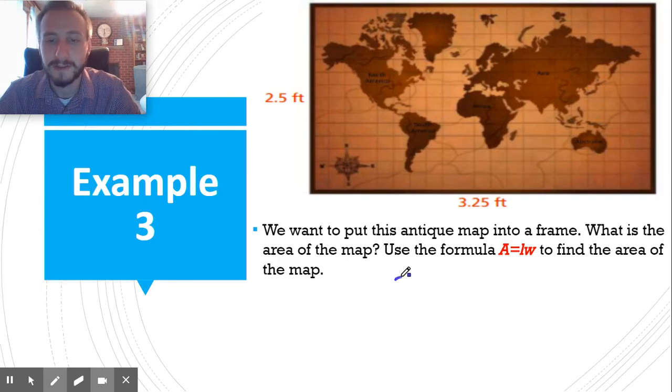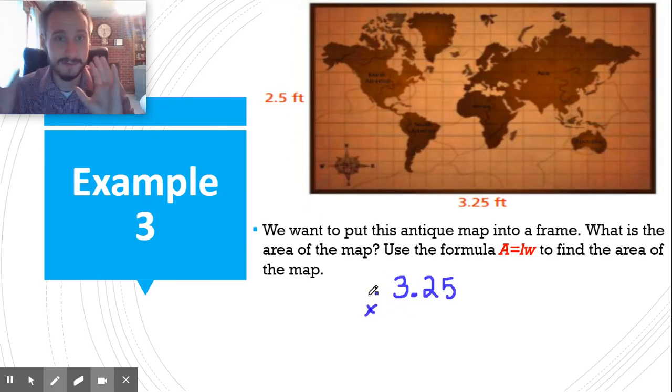So we want to write 3.25, and we want to multiply that by 2.5. Now here's the next difference from adding and subtracting. When you're multiplying, you don't have to line up your decimals.